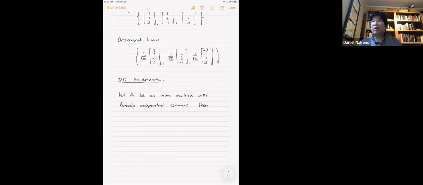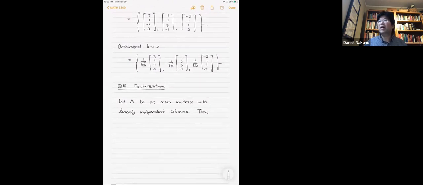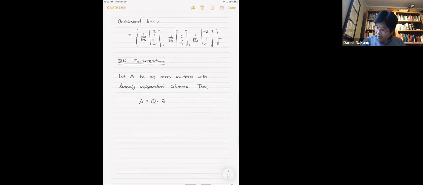So W is just the column space, and we can apply the Gram-Schmidt orthogonalization process, and we can actually do a matrix factorization of A. So then A is going to be Q times R, where Q is an M by N matrix with orthonormal columns.